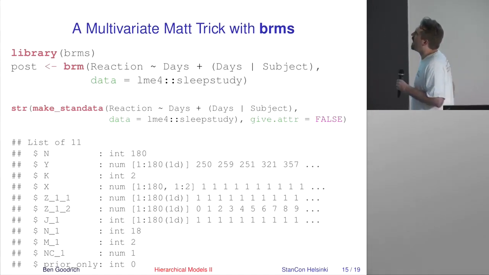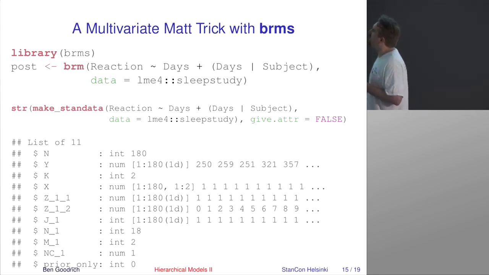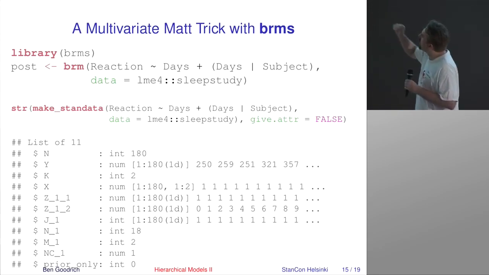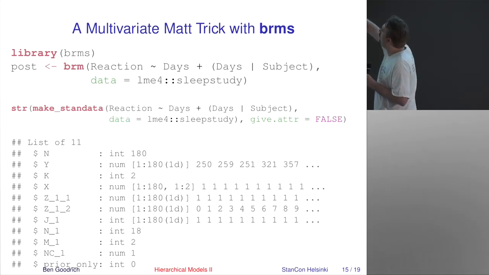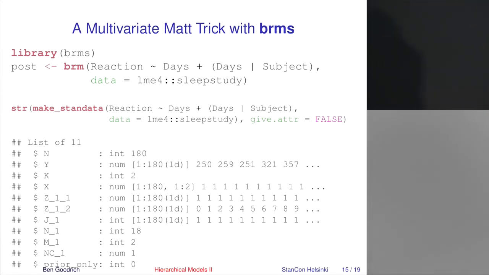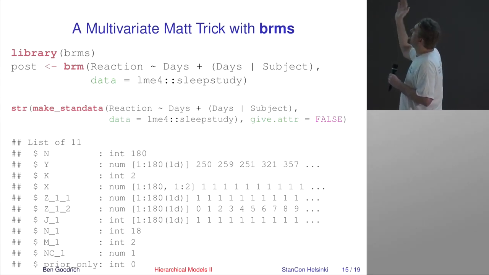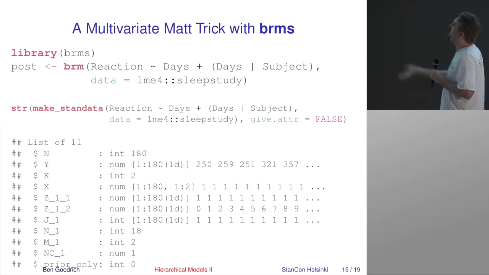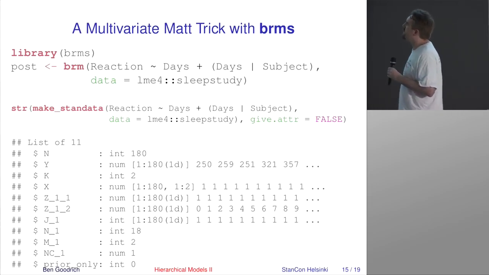The data, pretty standard stuff here. We have 2 z's, so one of these is going to correspond to the intercept, which deviates from one subject to the next, and the z12 is going to correspond to the subject-to-subject deviation in the coefficient on days.